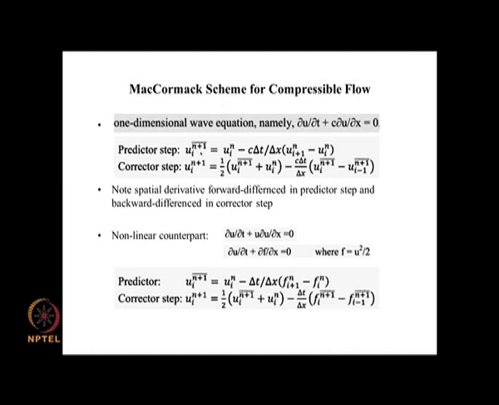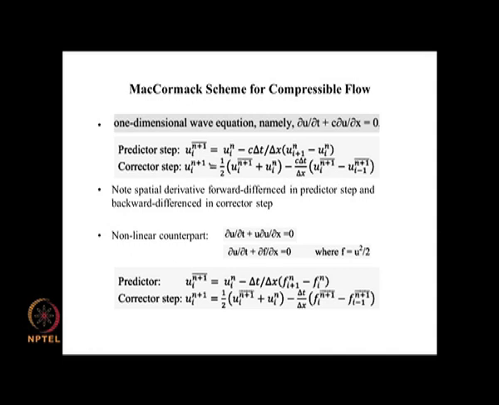Okay. Now the value obtained by this is corrected in the next step as u_i^(n+1) equal to half of (u_i^(n+1) bar plus u_i^n) minus c delta t by delta x times (u_i^(n+1) bar minus u_(i-1)^(n+1) bar). So, what does it mean here?